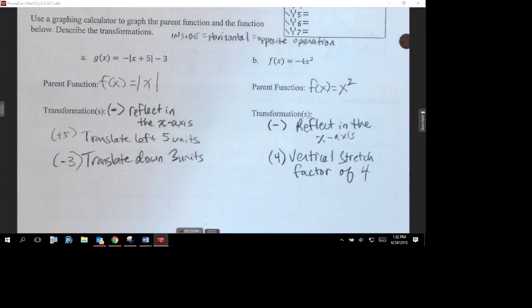So today, for your assignment, if I can locate it. The packet that we were given yesterday, but we only did 1 to 7.